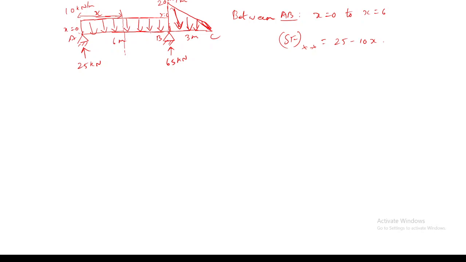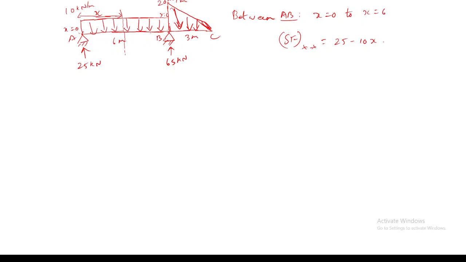Since I have fixed the left hand side to be the origin, I am taking a cross section at a distance of x. With respect to this cross section, we find the shear forces in the left hand side alone. The shear force at the left hand side will be balanced by the shear force on the right hand side. That is the logic, so we can take either side for the shear force.